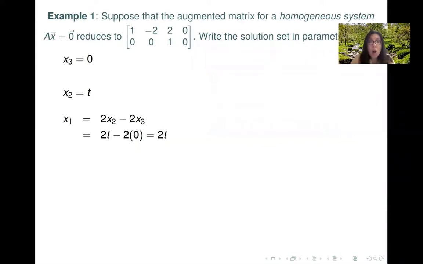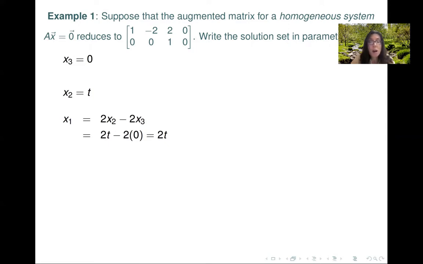From the bottom row of the matrix, I can see that x3 is equal to 0. And the x2 column in the augmented matrix doesn't have a pivot, and so that means that x2 is free. I'll assign x2 to be equal to t. The top row of the matrix tells me that x1 minus 2x2 plus 2x3 is equal to 0.